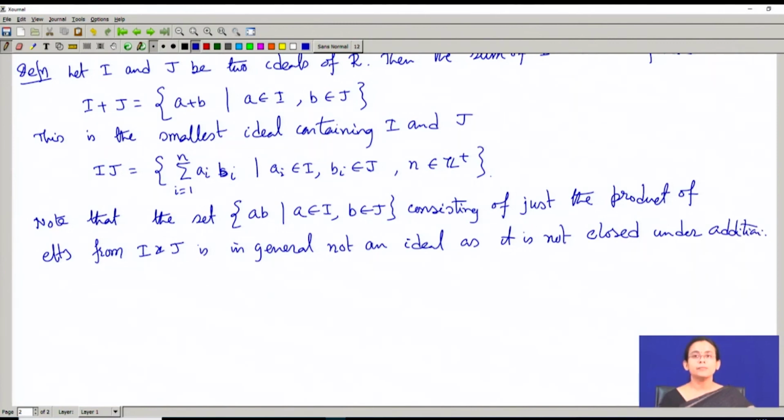That is why I have to define the product in the above mentioned way.